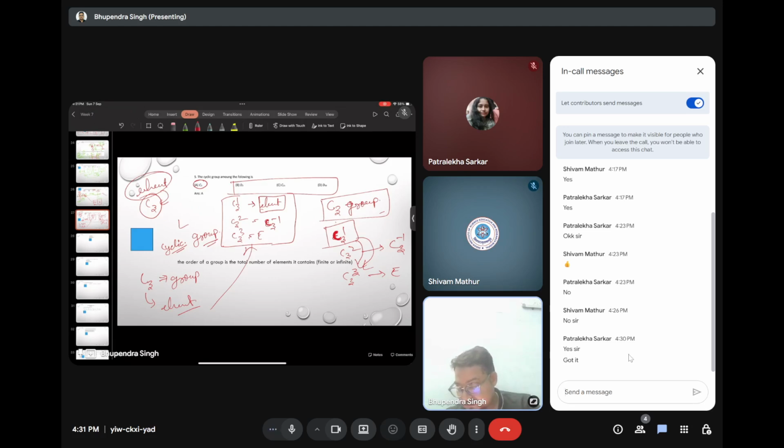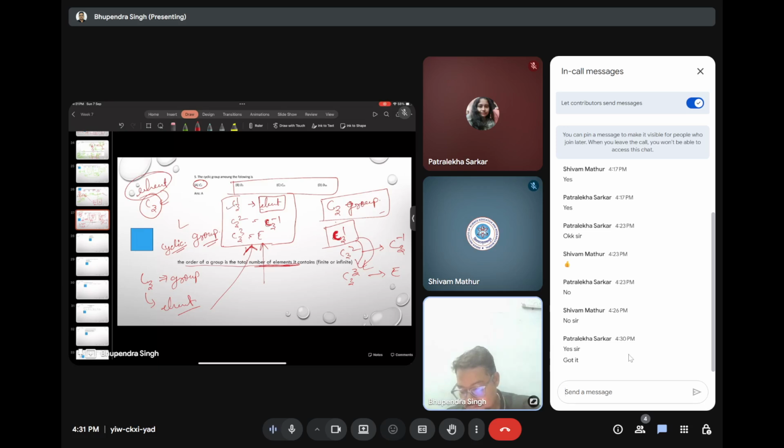Basically, just try to find out the order of this group C3. So basically, the total number of elements. The order of a group is the total number of elements it contains.